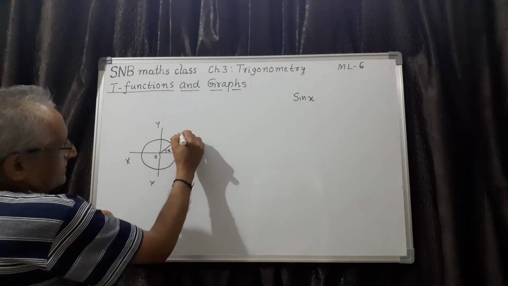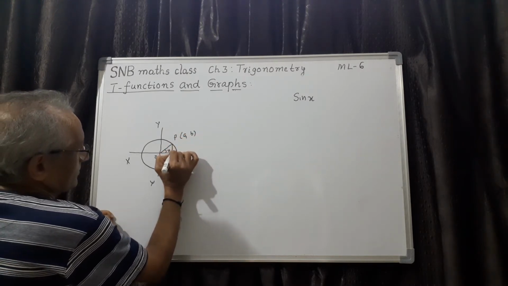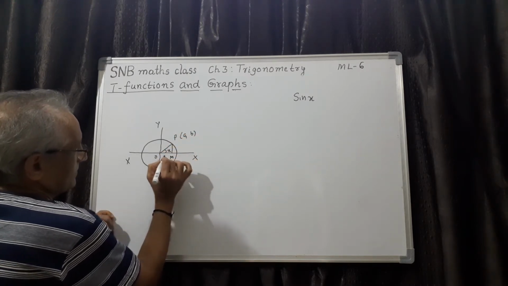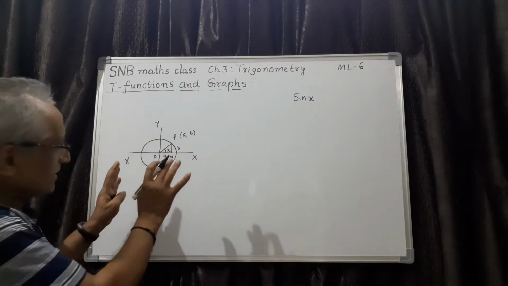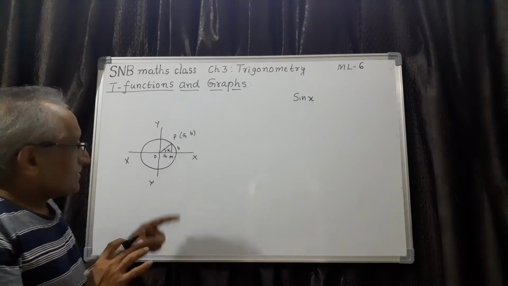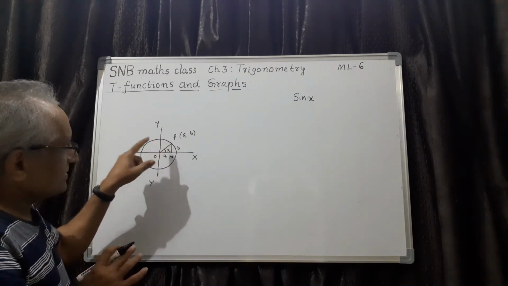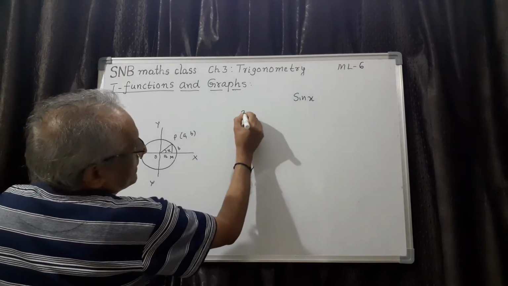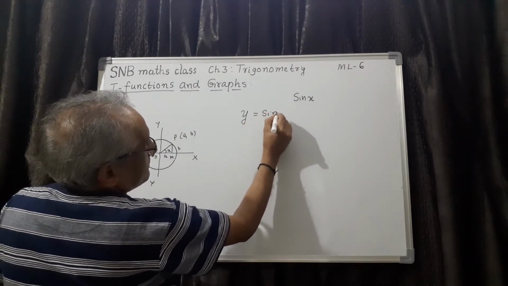You know that this point is AB, provided you drop the perpendicular here. This is M, this is A, this is B. So this we have seen already. So when x keeps on changing, say for example you can take it as y equal to sin x.